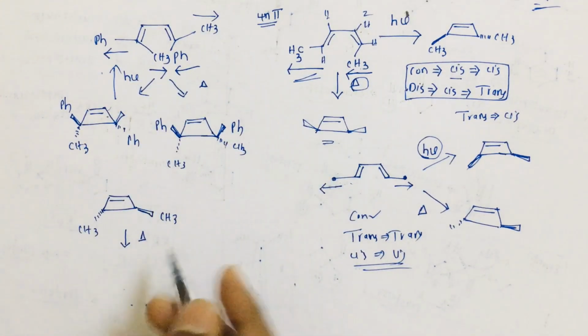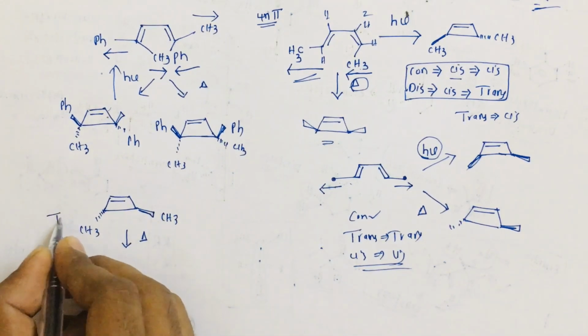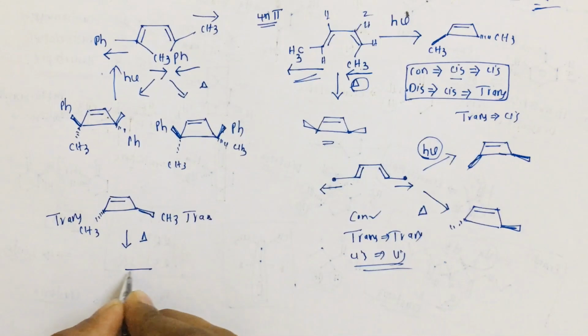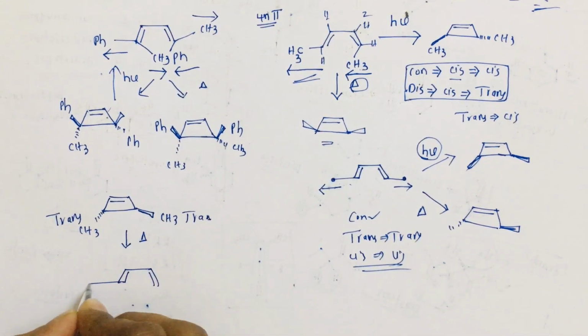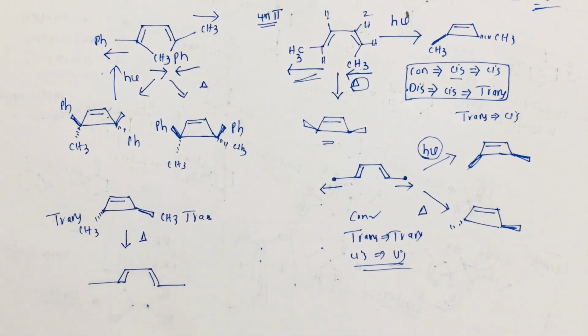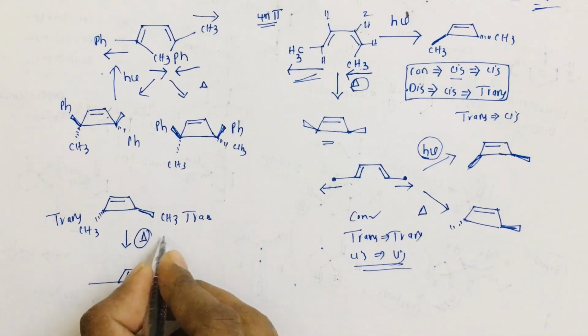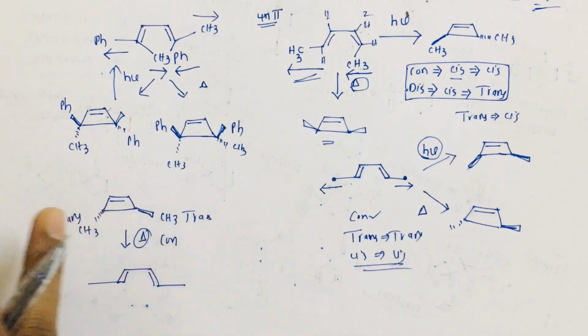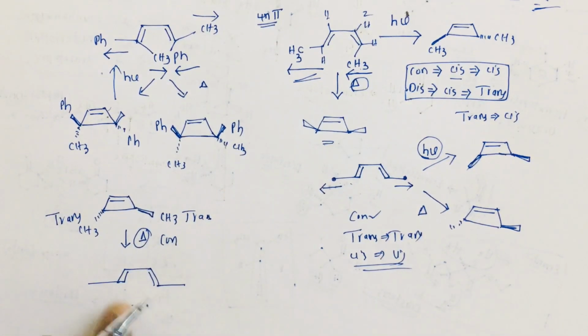Okay, so this is having a trans stereochemistry here, both are having trans stereochemistry, and in the product you can write directly, one will be this side, another will be this side, so this will be the product. Because in the thermal condition con is allowed, which means if you have a trans stereochemistry, then in the product also it should be a trans stereochemistry. And this is about the electrocyclic reactions.